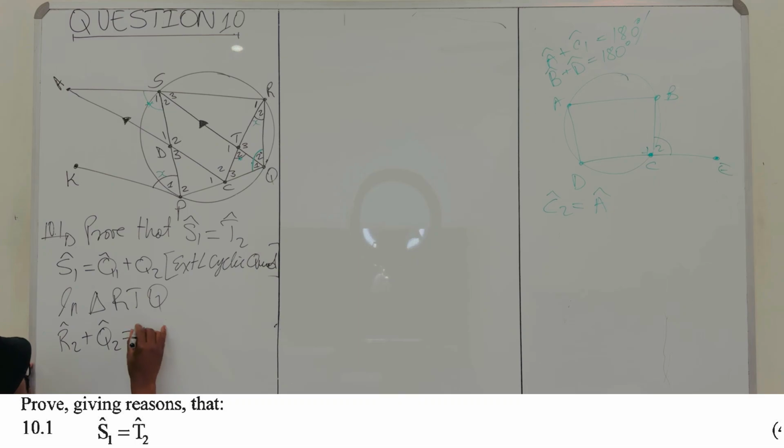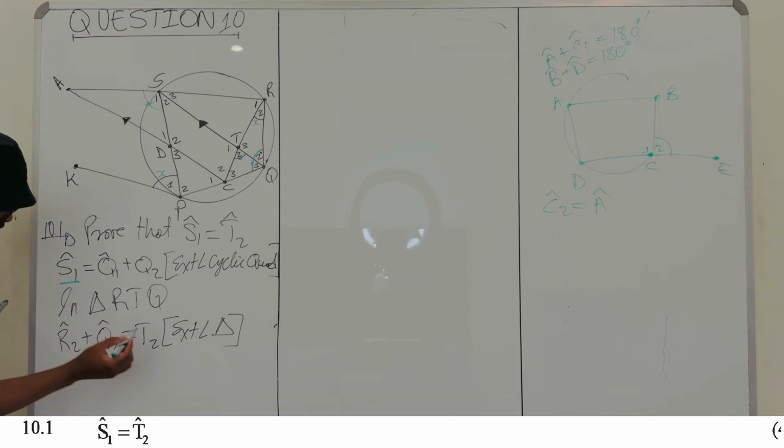So that would give me T2. This is an exterior angle of a triangle. Fine. Look now, we're trying to prove that this guy over here is equal to this guy.